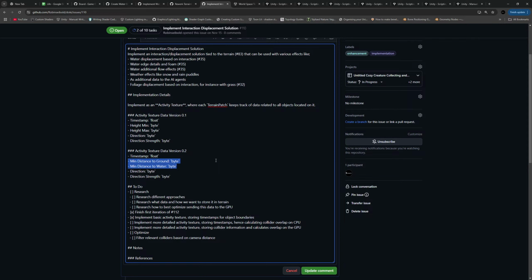How do I want to solve this? Min distance to ground, min distance to water might work, but I would assume that the direction and strength we have here are related to whatever we have here. So if we change this one, we probably want to change this one and this one as well.